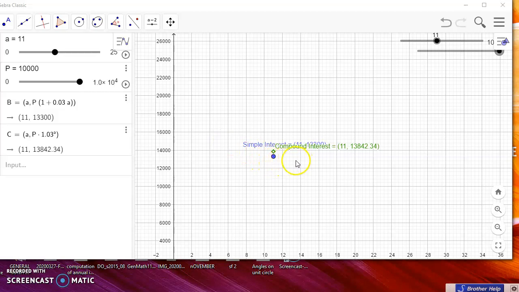In this figure, the blue dot represents the simple interest, while the green diamond represents the compound interest. Now, with the principal of 10,000 and the interest rate of 3%, let us observe the behavior of the dot and the diamond as we increase the time from 0 to 25 years.